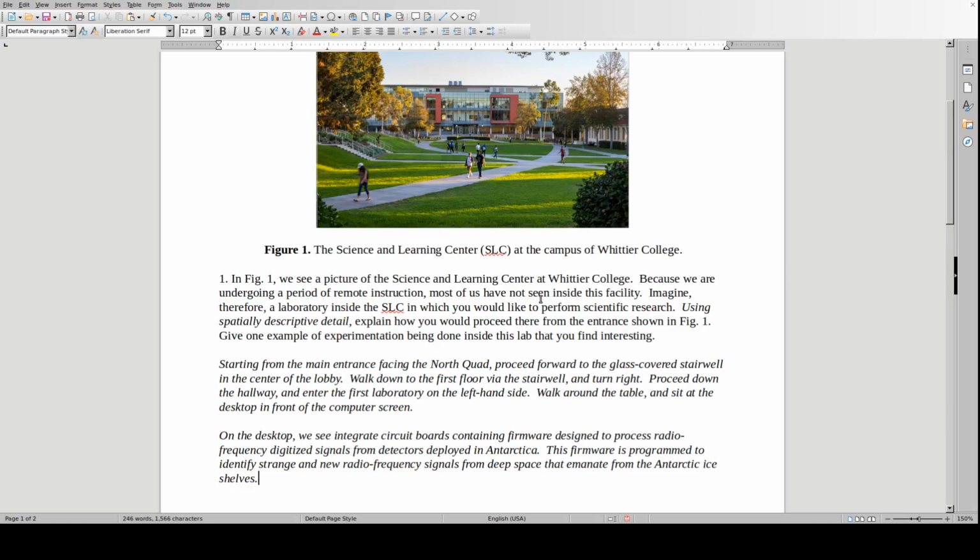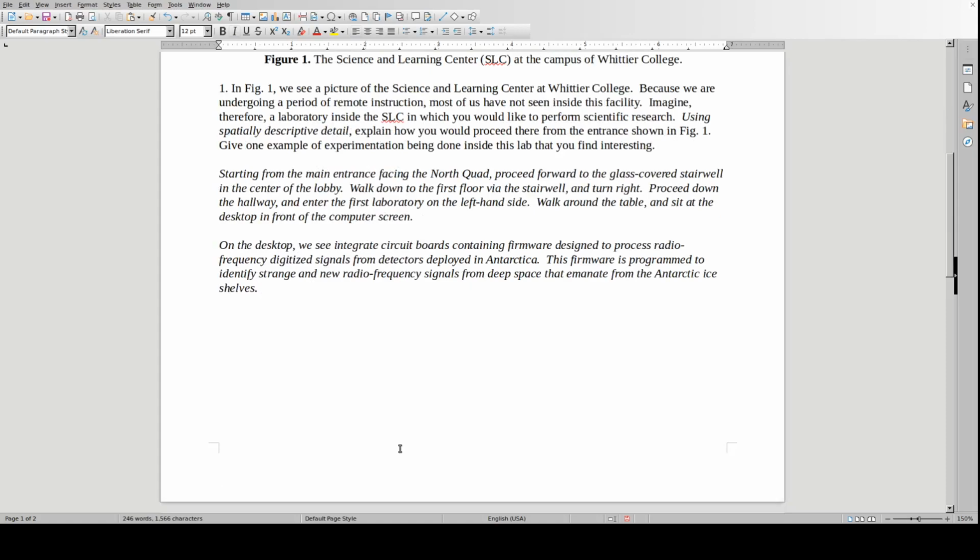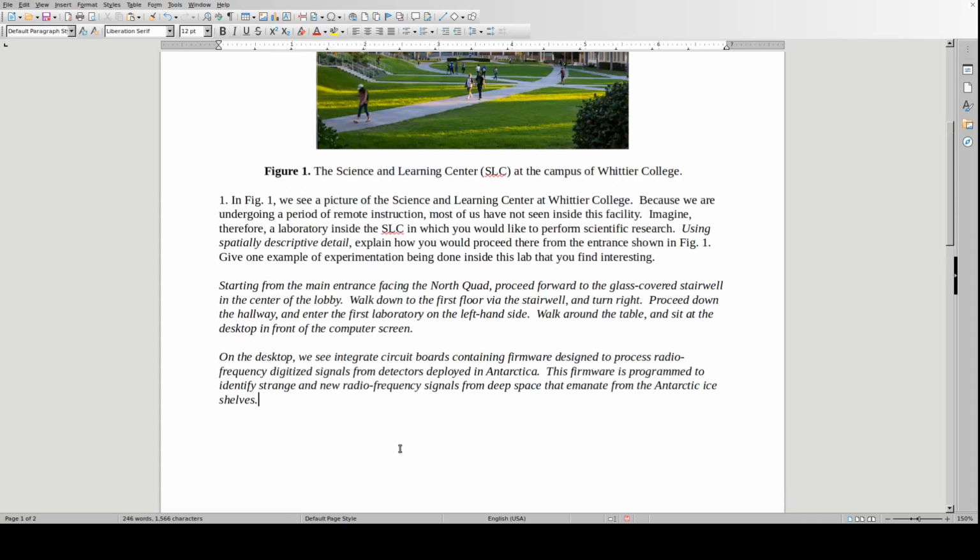So this is, I don't expect you to understand exactly what that means, but it is about scientific research. And I'm sure that many of you have curiosity about particular fields of research going on within the Science Learning Center.